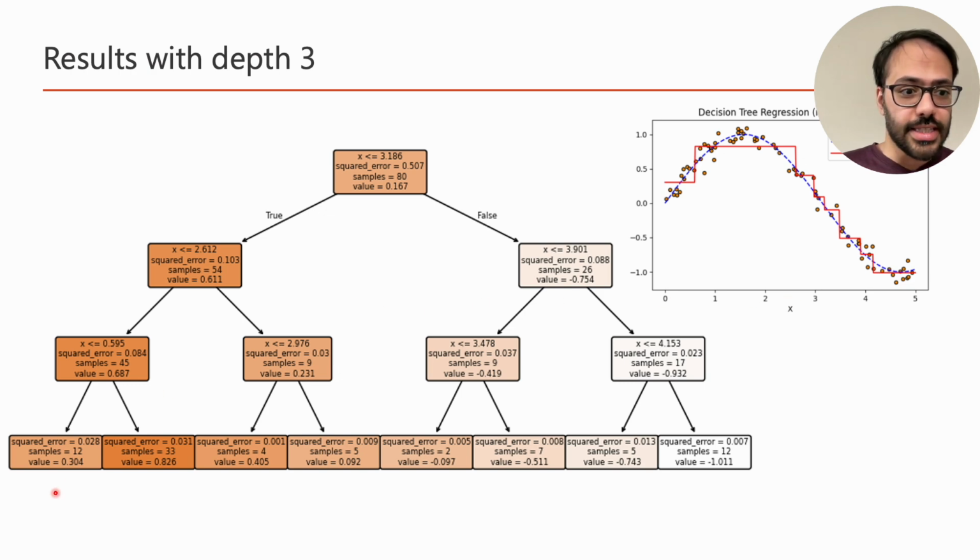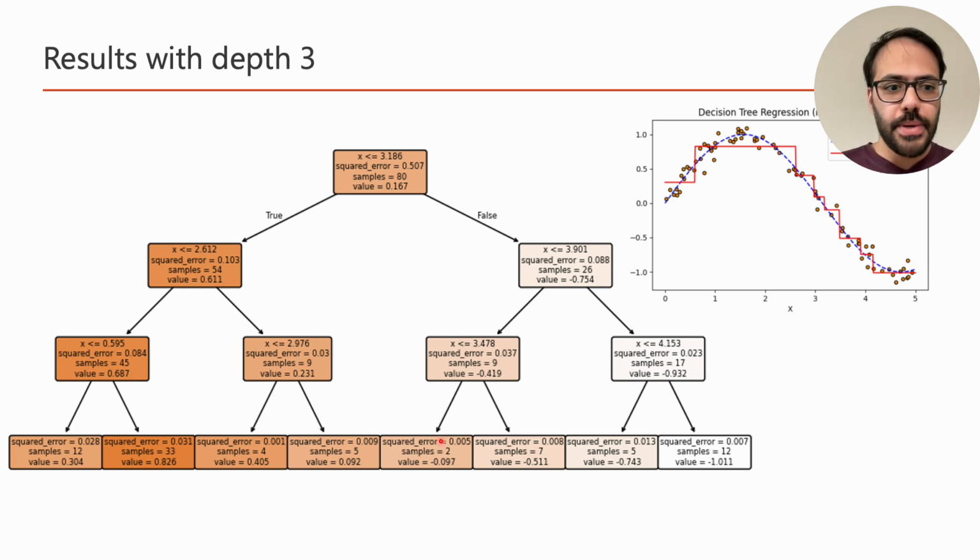And it's probably easier if you look at the last level, because these are our final predictions, if you remember from the previous 2 or 3 slides. And you can see that we get this value 0.304. So that's exactly this 0.304. Then we get to 0.826, and then 0.4, and so on. And you can see at the end we get to negative 1.011. So that's our last predicted value that you can see here.